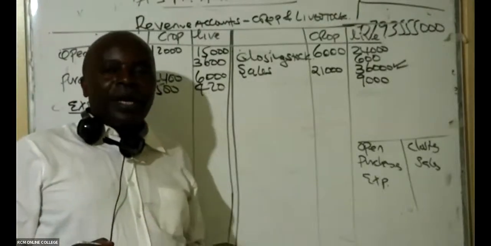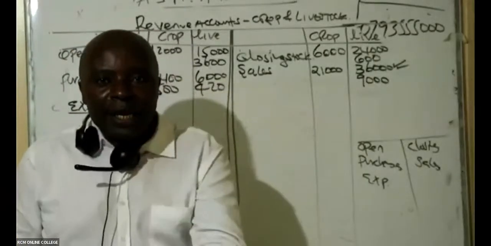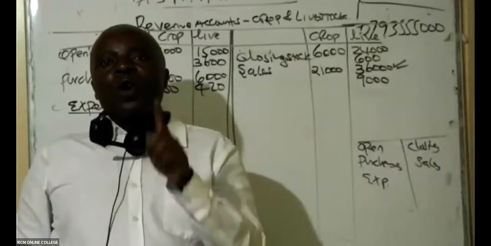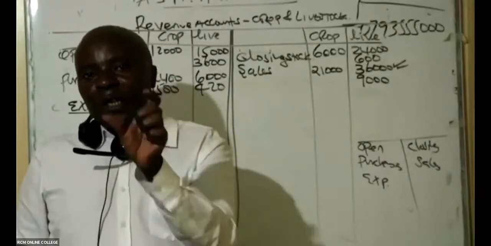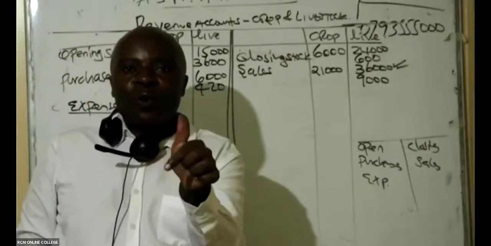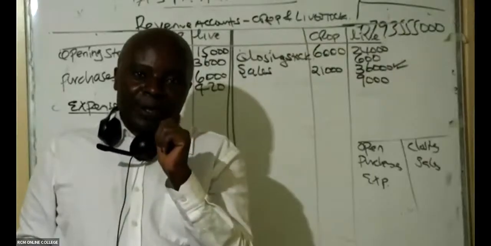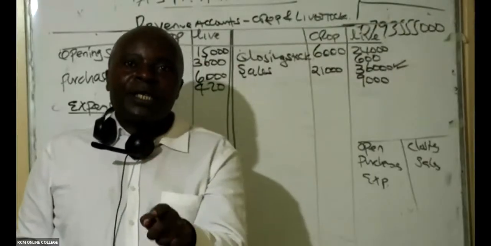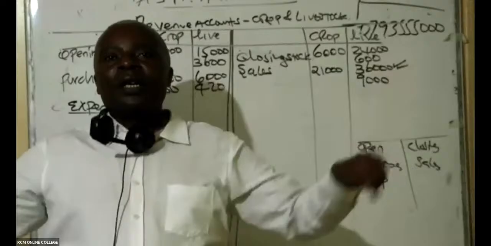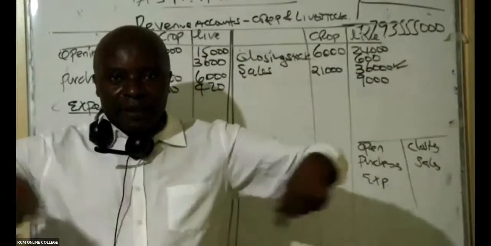And remember, to the revenue account, we normally take specific expenses, those expenses that you can tie to a biological asset. There are two types of expenses, basically. There are those expenses, ladies and gentlemen, that are general, incurred for all the biological assets in the farm.